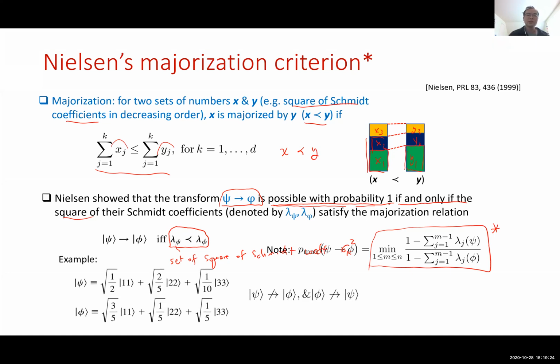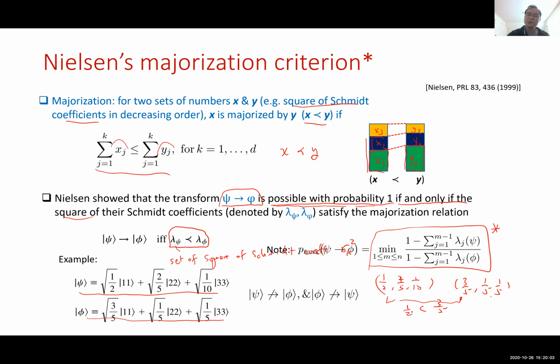Okay, so for example, you look at these two quantum states, 3 levels, right? And the coefficient square, if I order in decreasing order, is this, and the other one is that. So first 1/2 is smaller than 3/5, but let me use numerical numbers.